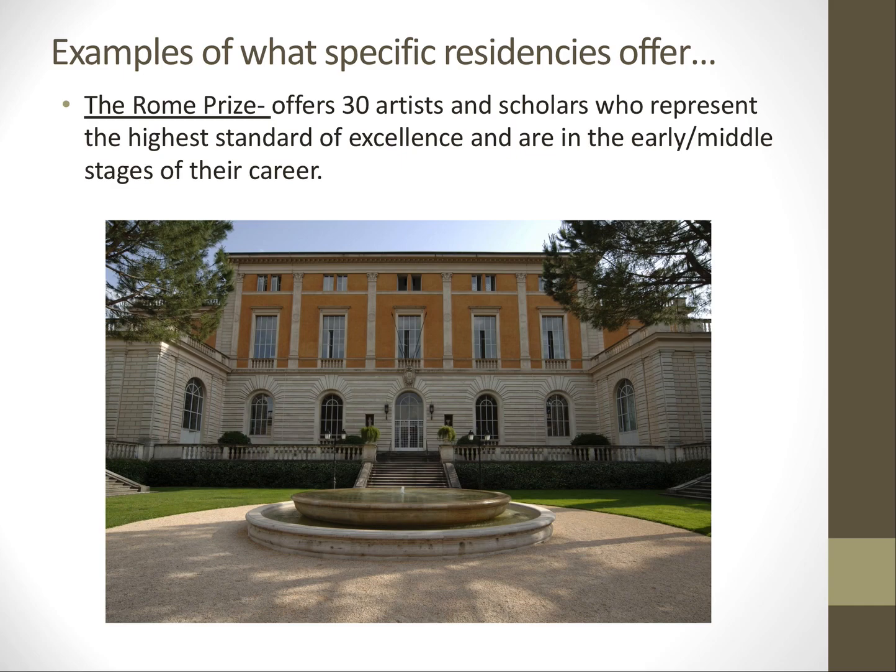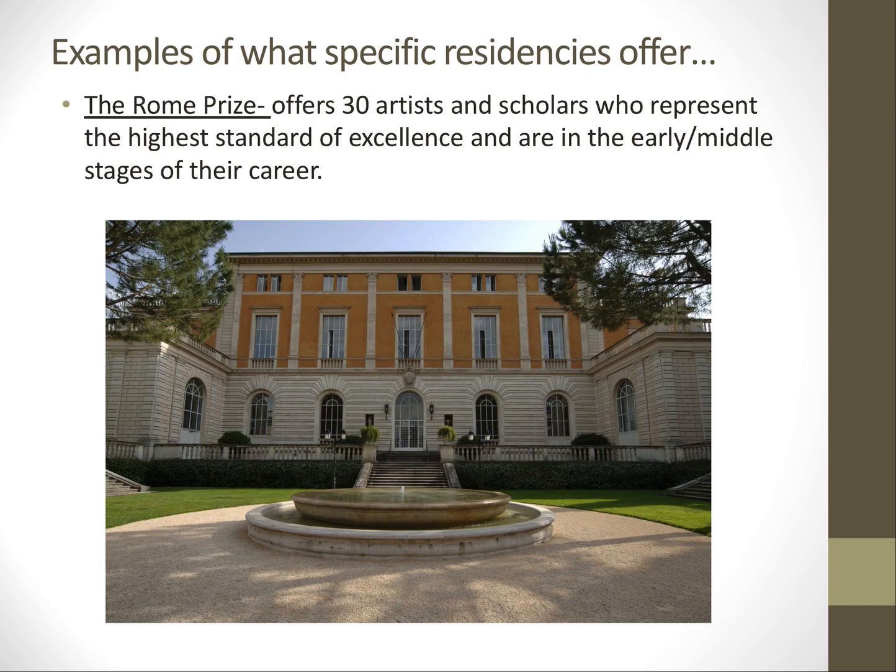Not all of them. There's a whole spectrum of different types of residencies, so you have to be careful to read the fine print. But with the Rome Prize, this is again an international opportunity. It's one of the best opportunities that an artist could get. You live in Rome. I think it's a couple of months long.